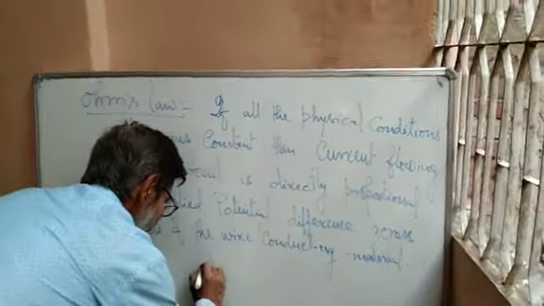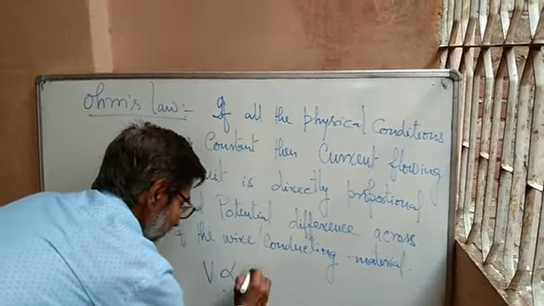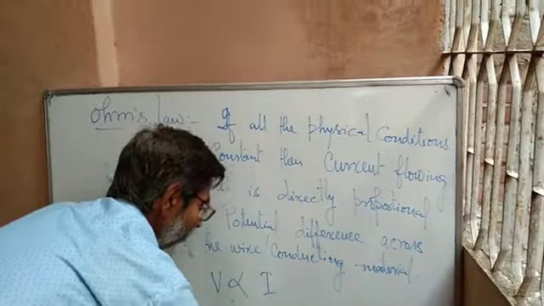Mathematically, applied potential difference V is directly proportional to the current flowing in the circuit.